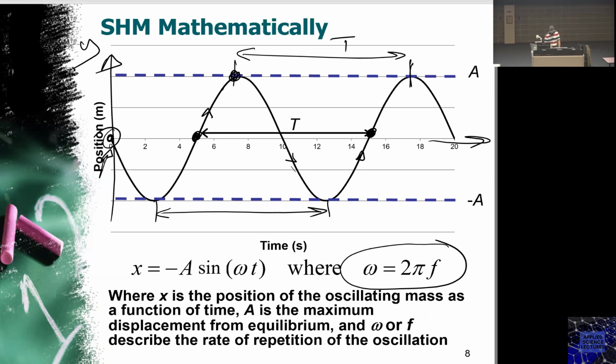So a sine omega t times minus. So that's an inverted sine.